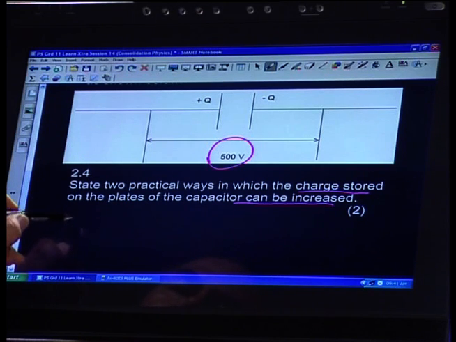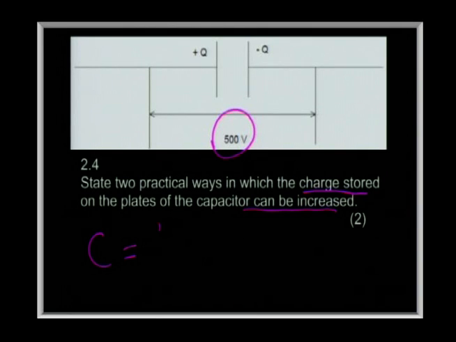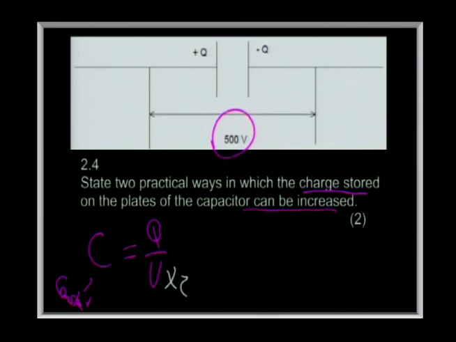Look at what's going to happen, if we know the capacitance is a set value and we know charge over potential difference, so if this is constant, what are you noticing? If you multiply this one by 2, what's got to happen to the charge? It's also got to be multiplied by 2 because Q is directly proportional to V. Got it? Hope so. So that's the one thing. You could increase the potential difference.